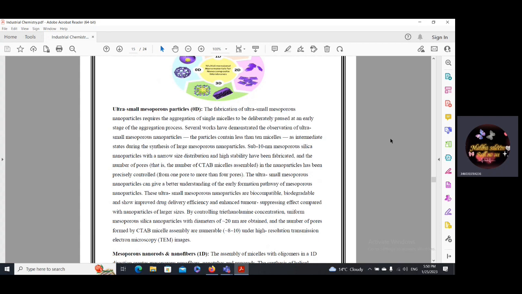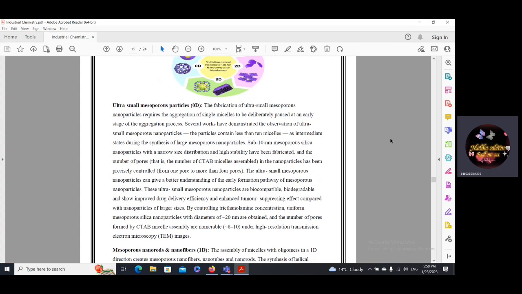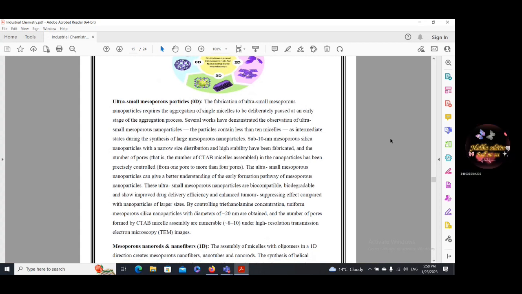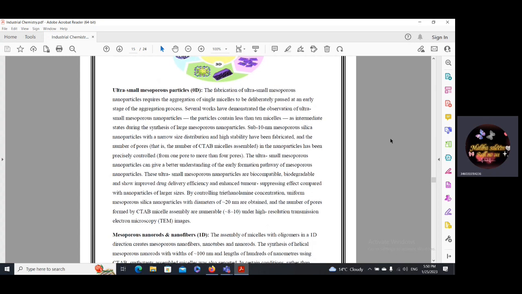The particles contain less than 10 micelles as an intermediate state during the synthesis of large mesoporous nanoparticles. Sub-10 nanometer mesoporous silica nanoparticles with a narrow size distribution and high stability have been fabricated, and the number of pores present in the nanoparticles has been precisely controlled. The ultra-small mesoporous nanoparticles can give a better understanding of the early formation pathway of mesoporous nanoparticles.